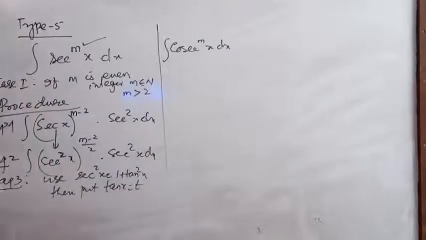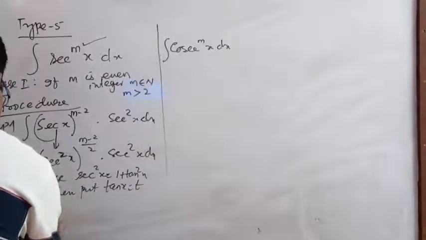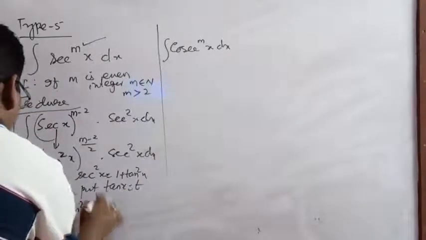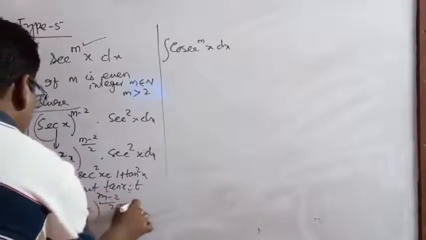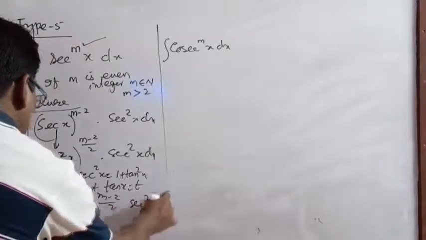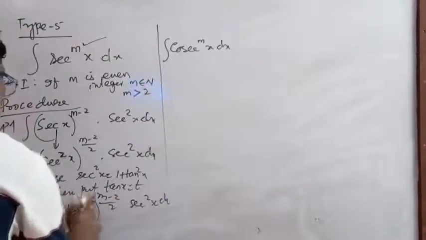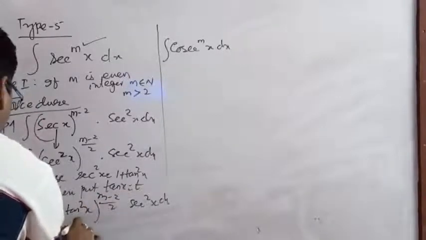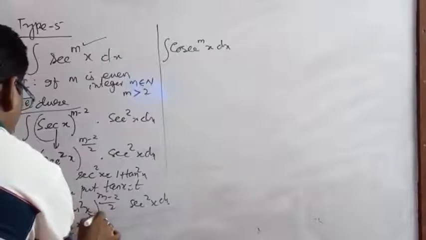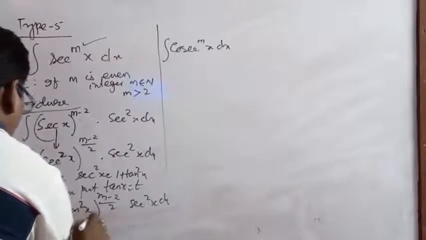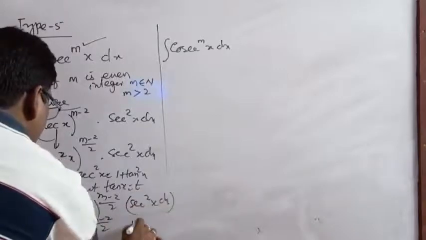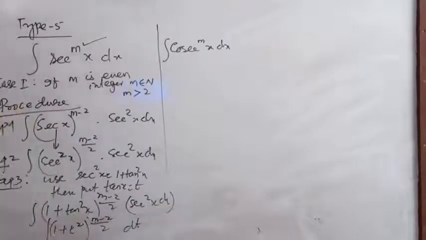So this is 1 plus tan square x to the power (m minus 2) by 2, and sec square x dx means dt. This becomes 1 plus t square to the power (m minus 2) by 2 dt, and integrate like this.